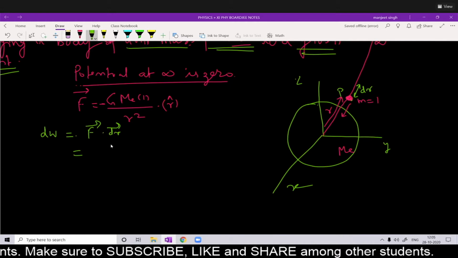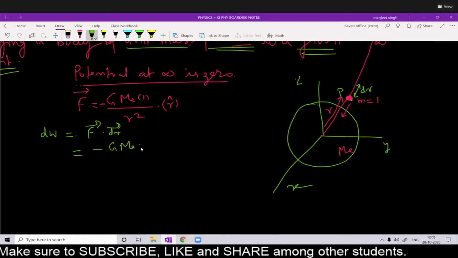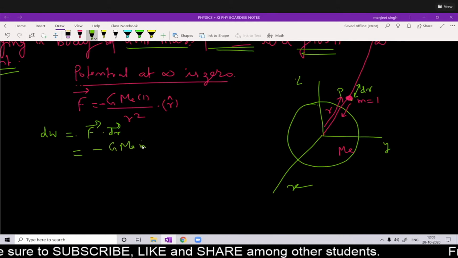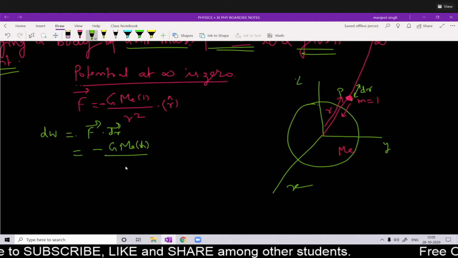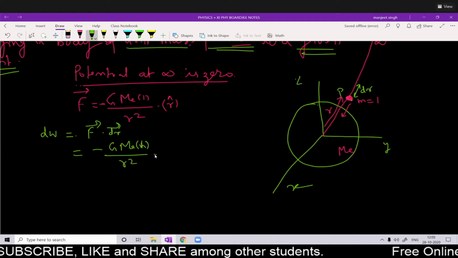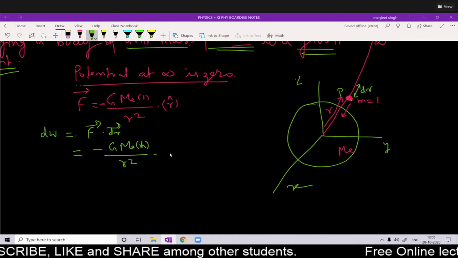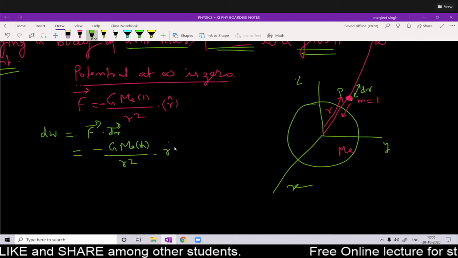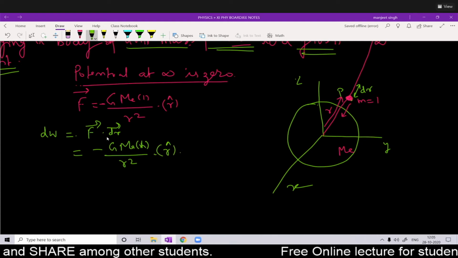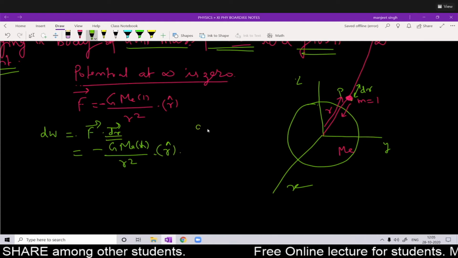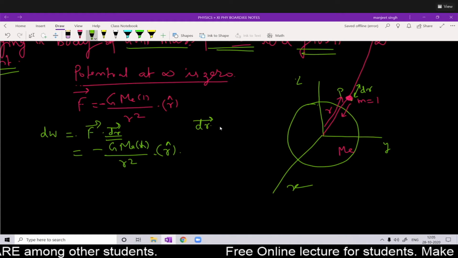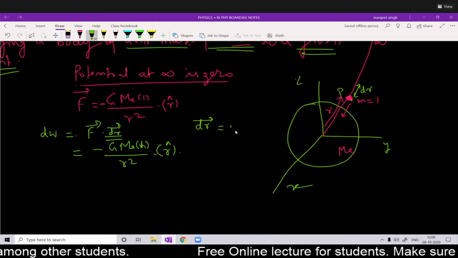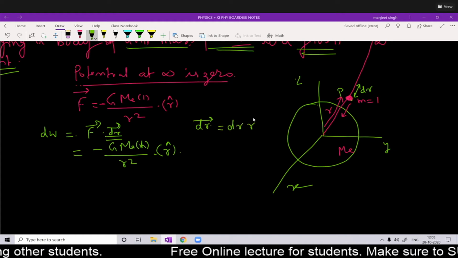What is F? Minus G M e upon r squared, and this is unit vector r, so let us write unit vector r here. Now what is dr? Vector dr means a small displacement vector, which can be written as a magnitude and a unit vector attached to it.